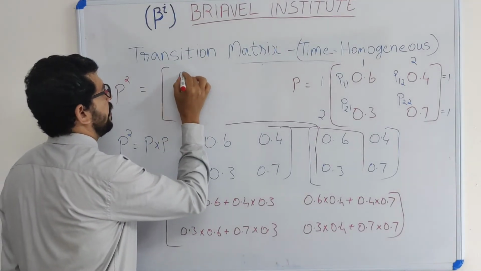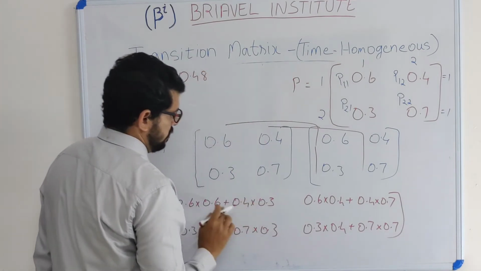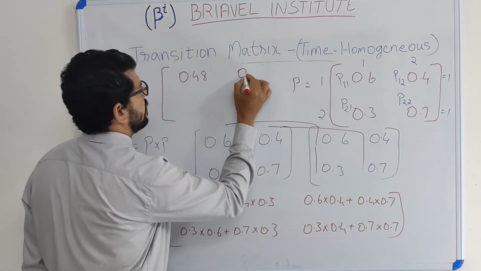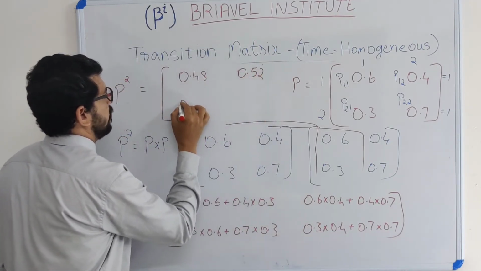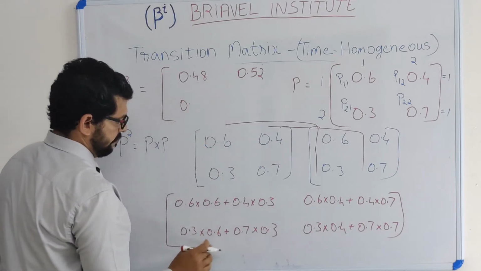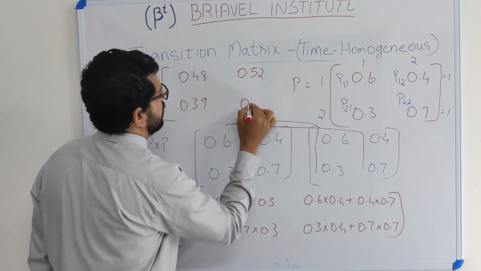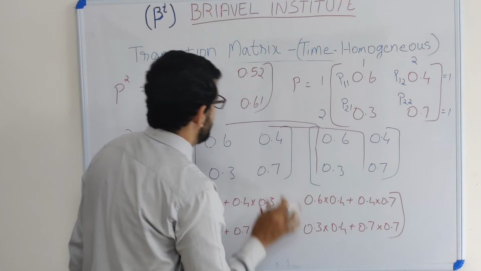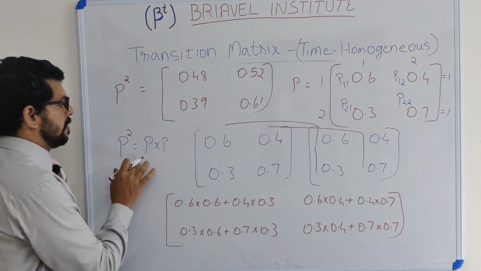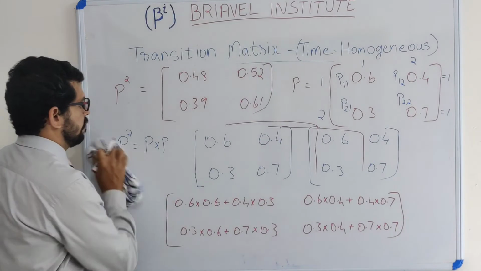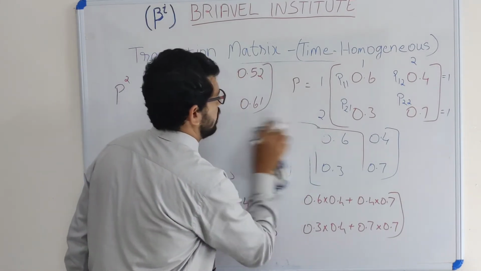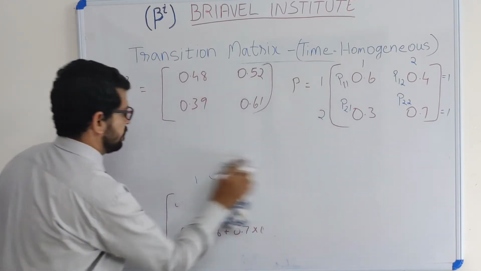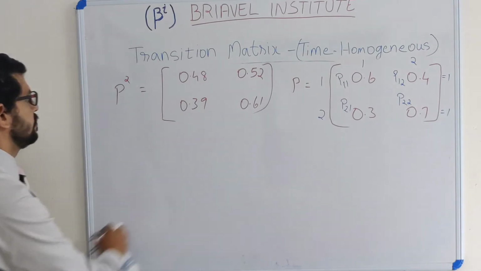P square is equal to 0.48, 0.52 and 0.39, 0.61, when you add the sums. This is P square. So we add these and get P square. Matrix multiplication we already know from graduation, so please refer to our videos for more matrix multiplication and practice questions. Please visit my website, Braille Institute.